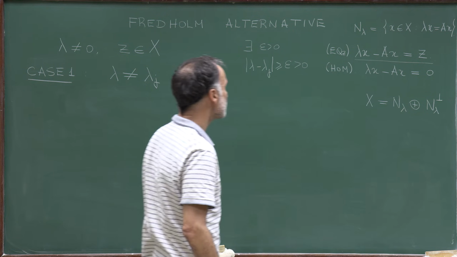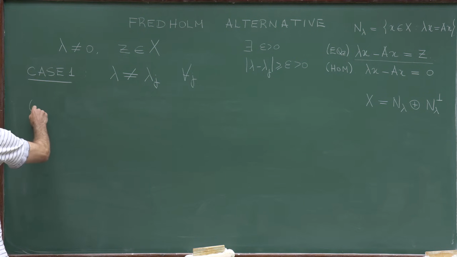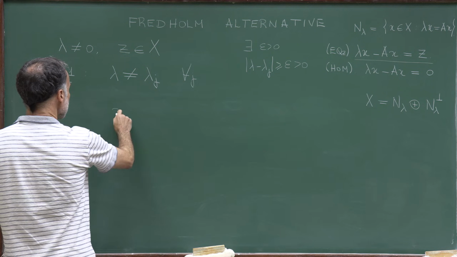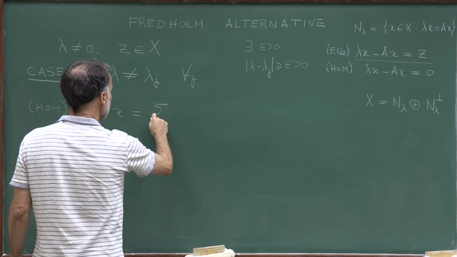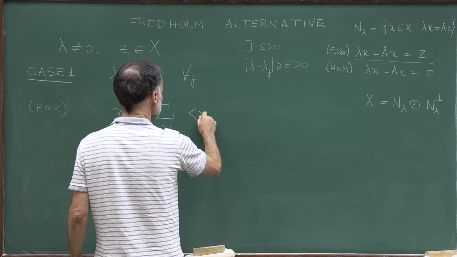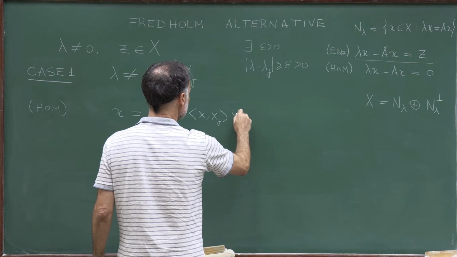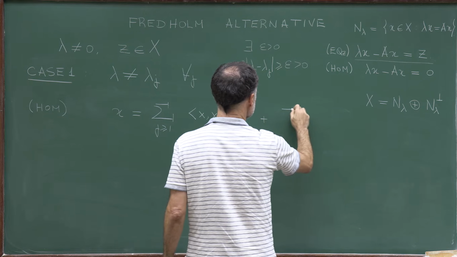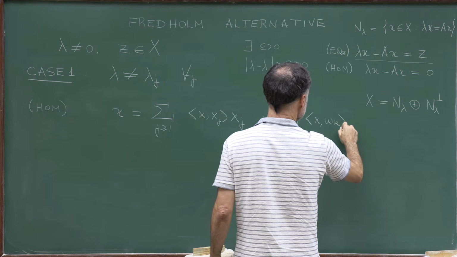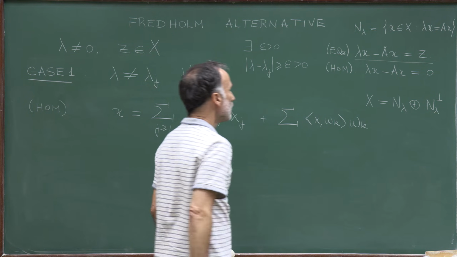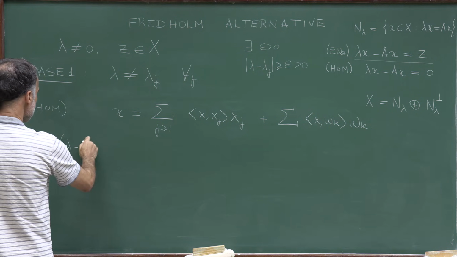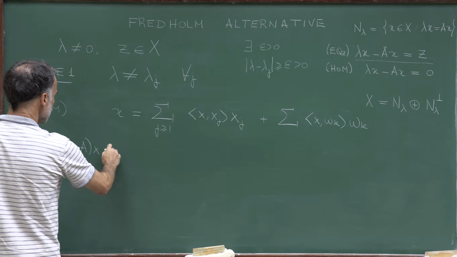Now let's consider the second equation, the homogeneous equation. Let's again write x in our orthonormal basis, and let's write that λx − Ax is equal to 0.